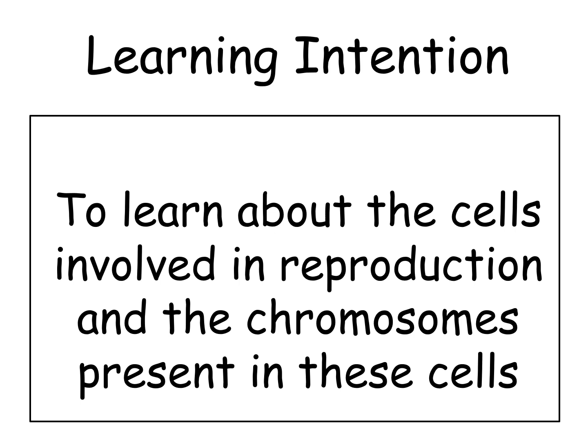So to summarise, this week we wanted to learn about the cells involved in reproduction and the chromosomes present in these cells. We've learned that if a cell contains two sets of chromosomes, it is called a diploid cell. If a cell contains only one set of chromosomes, we call it a haploid cell. We then introduced this new word for a sex cell called a gamete.